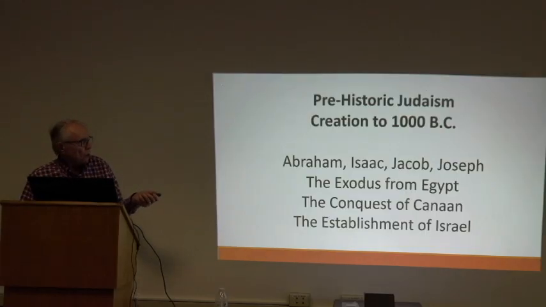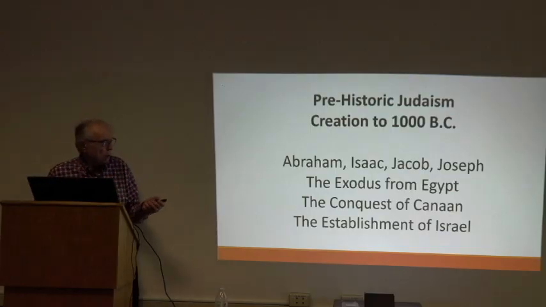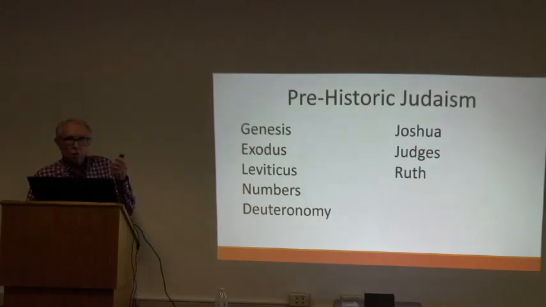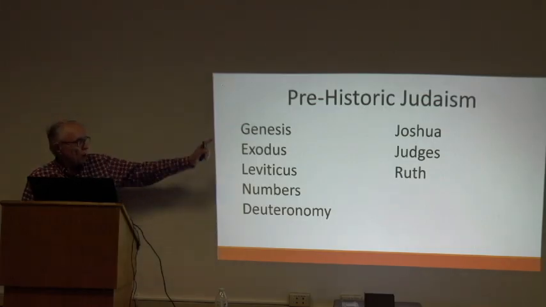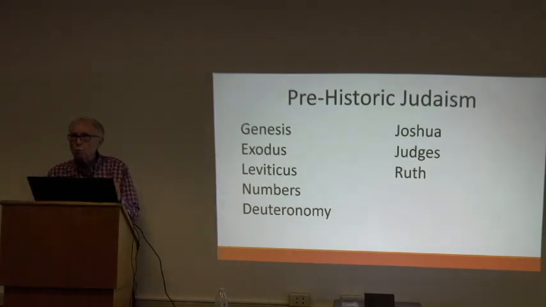And that includes Abraham, Isaac, Jacob, and Joseph, the Exodus from Egypt, the conquest of Canaan, and the establishment of Israel. And it involves these books, prehistoric Judaism: Genesis, Exodus, Leviticus, Numbers, Deuteronomy, Joshua, Judges, and Ruth.